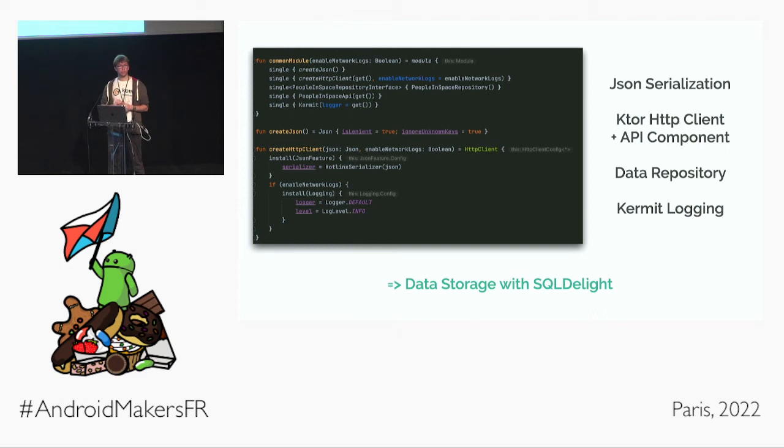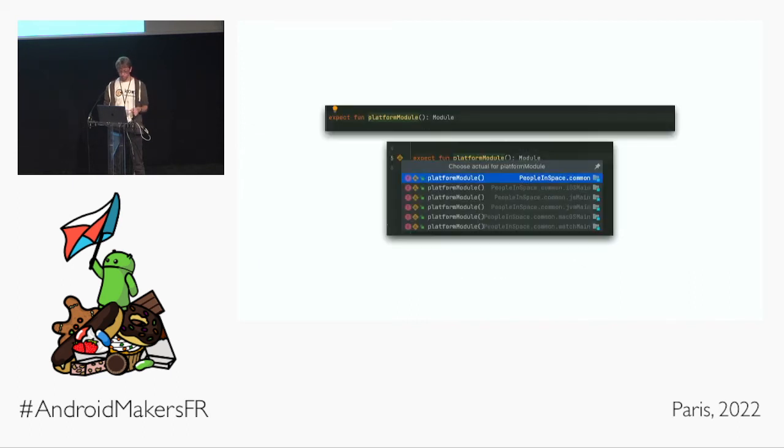You may need some library like SQLDelight for database storage that may need some native configuration, and you can still play with Koin to describe how on each platform you need a different module to configure your SQL driver.